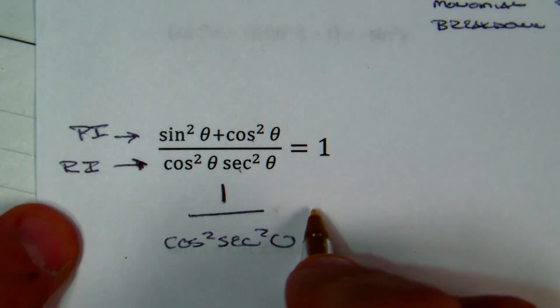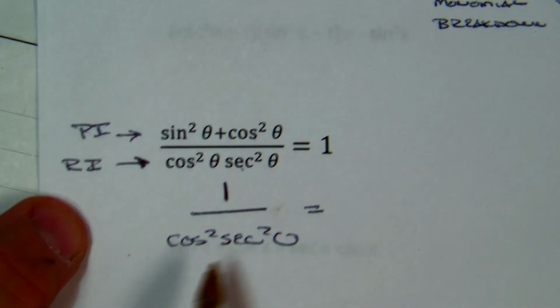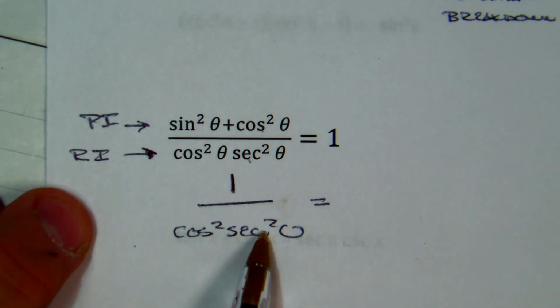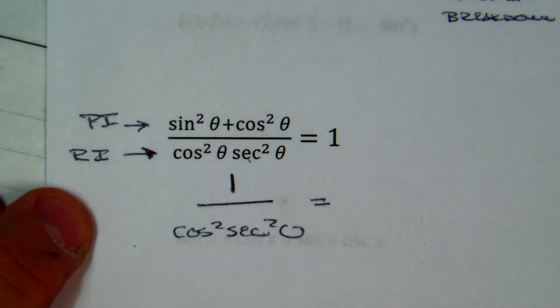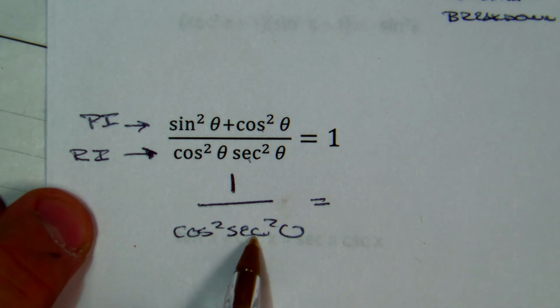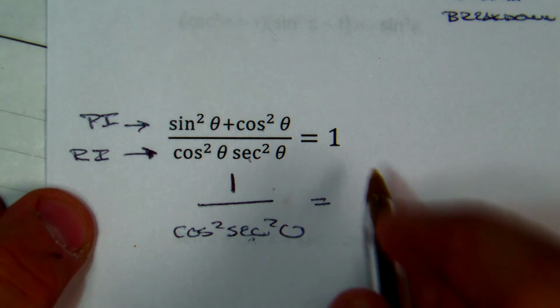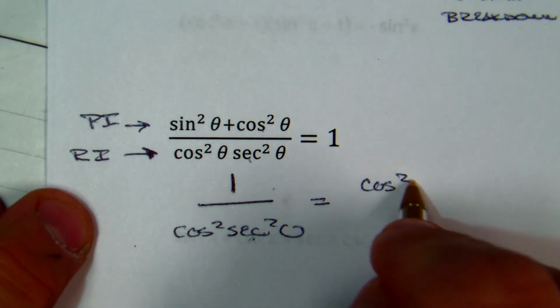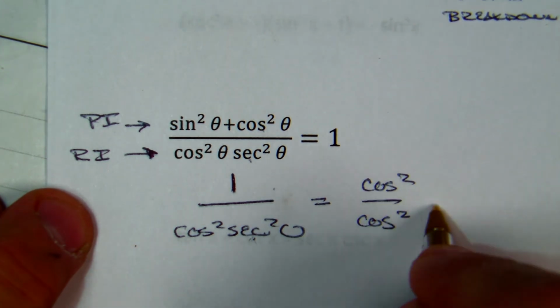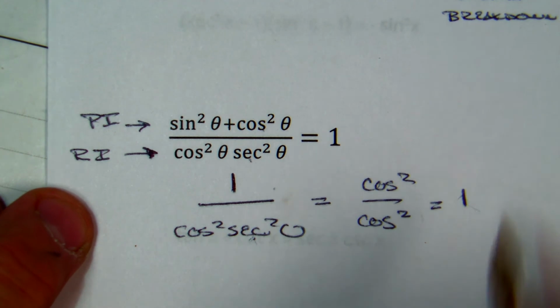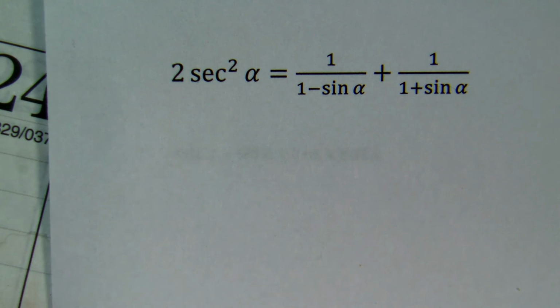Cosine squared, secant squared. So basically you can pick either one, whether it's cosine squared or secant squared, and move it from the bottom to the top. If I move the secant squared from the bottom to the top, I rewrite it as its reciprocal, which is cosine squared. So then that becomes cosine squared over cosine squared. And anytime I divide by itself, I get 1.